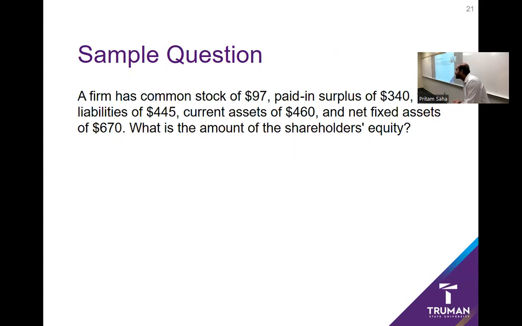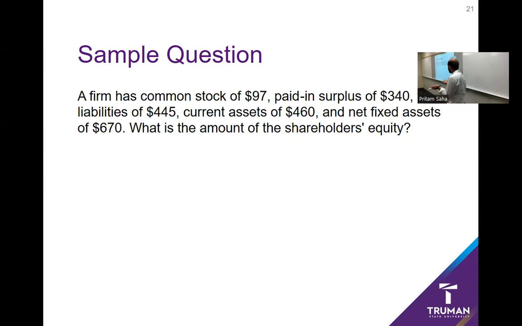How much? 685. What about others? 685. Anything else? How do we have to solve this problem? So we have common stock 97. We have paid-in surplus 340. Is it shareholders' equity?